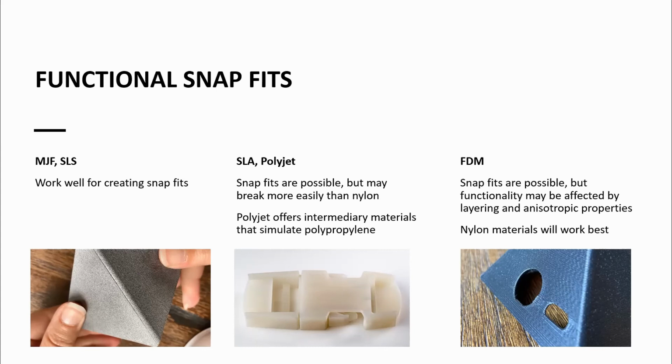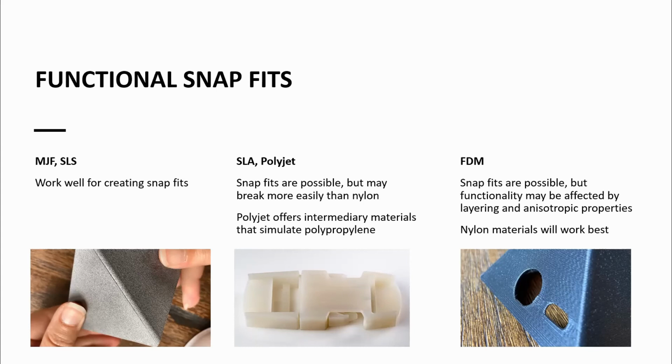It is important to keep in mind that depending on the material, some of the resin parts can be more brittle than nylon. However, Polyjet offers a wide range of intermediary materials, such as materials that simulate polypropylene.